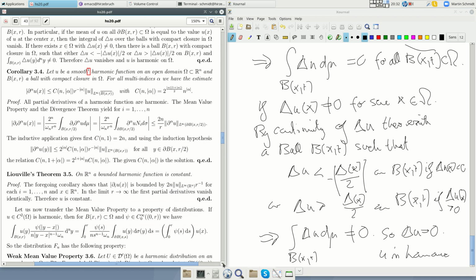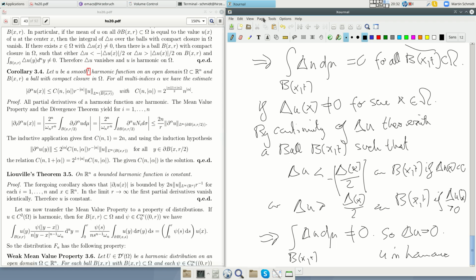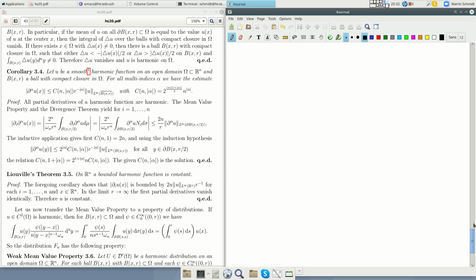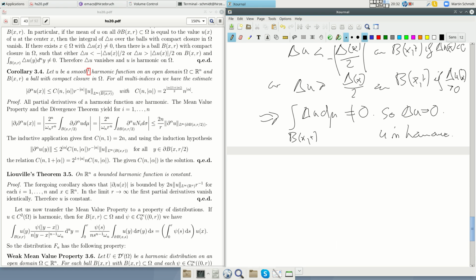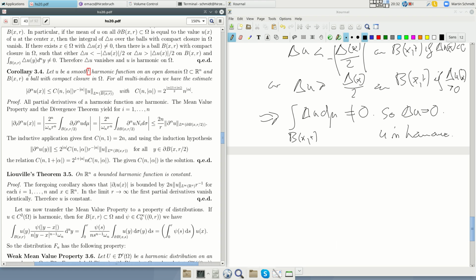Now we go further. Now we will have several implications of this theory. First implication. Let u be a smooth harmonic function, and we will see later that we can weaken the condition.